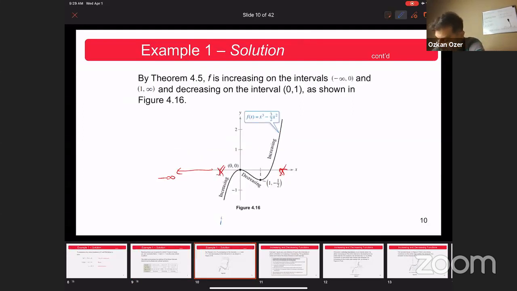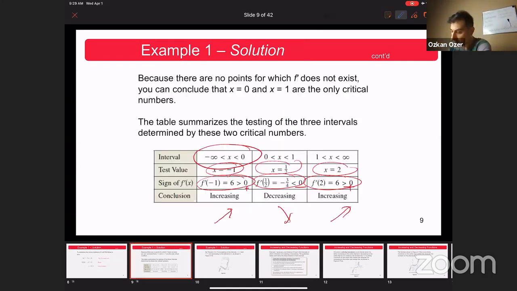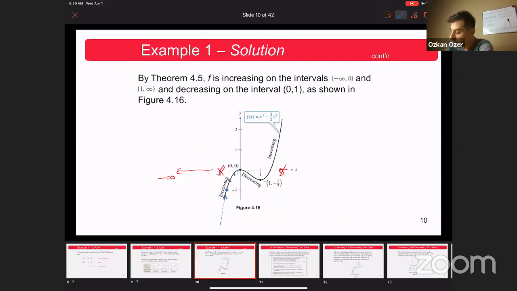I have a nice increasing function till when? Well, till you hit the critical point x equals 0, right? So you're going to keep increasing till you hit the critical point x equals 0. Then you start decreasing. Till when? Till x equals 1. Okay? So starting from here, decreasing all the way to x equals 1 up here.